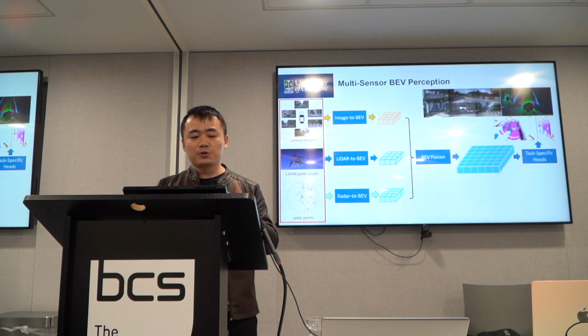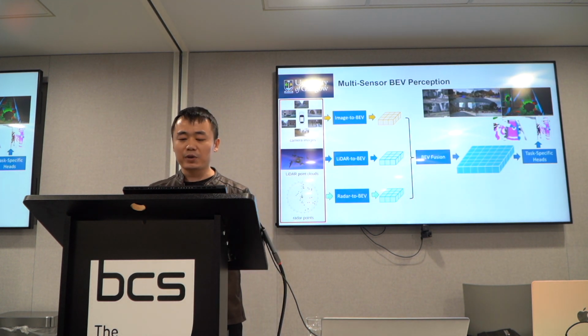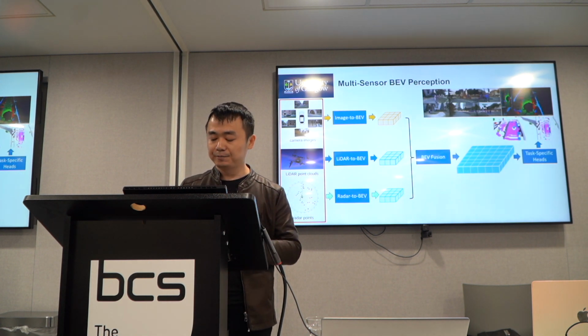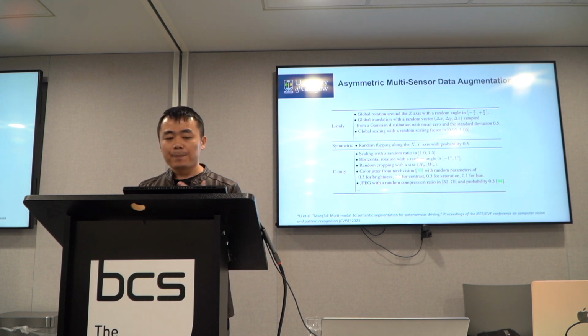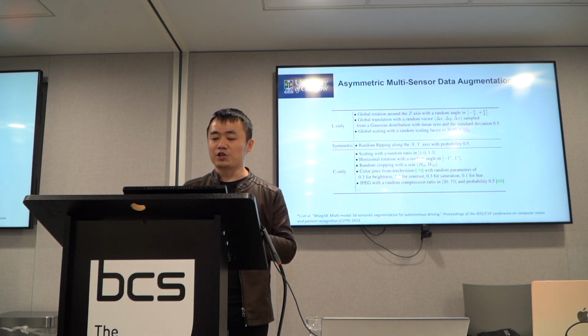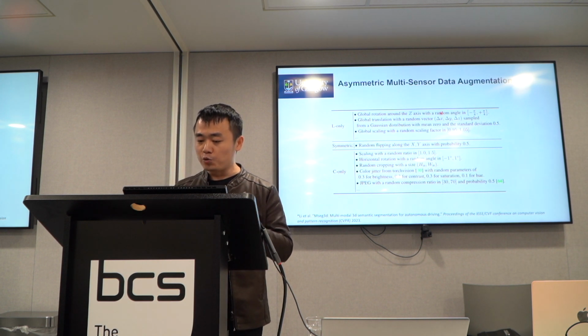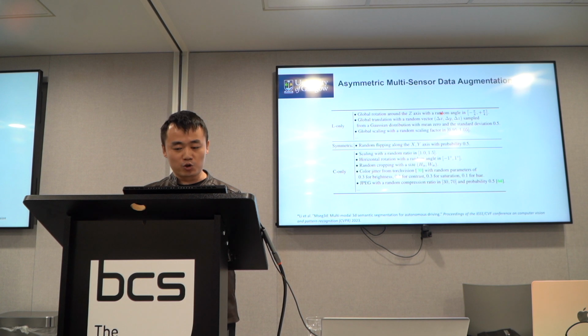So let's first look at the input stage, and see what we can do with the multi-sensor data. We can do multi-sensor data augmentation by applying asymmetric transformations on the point clouds and on the multi-view images individually.